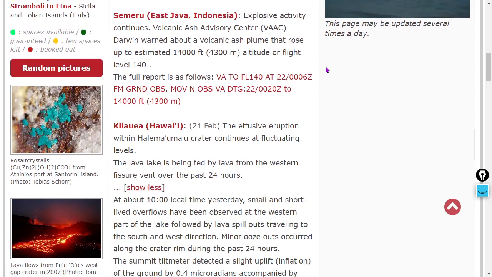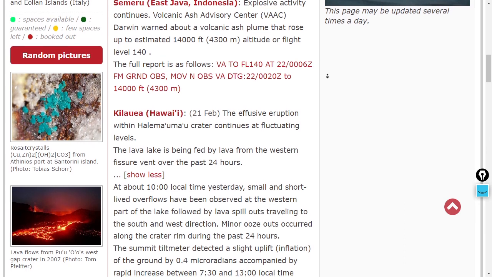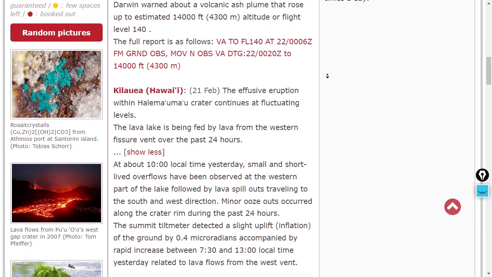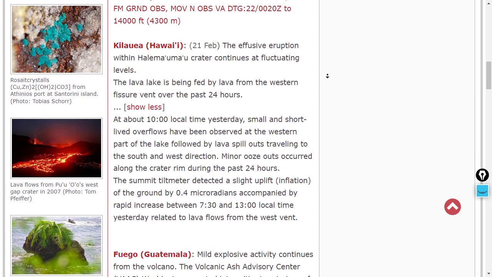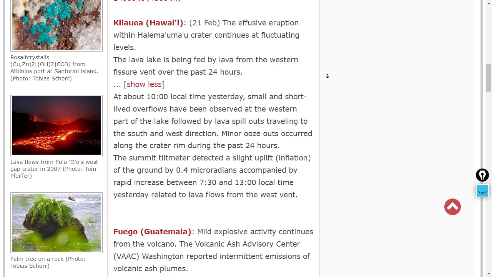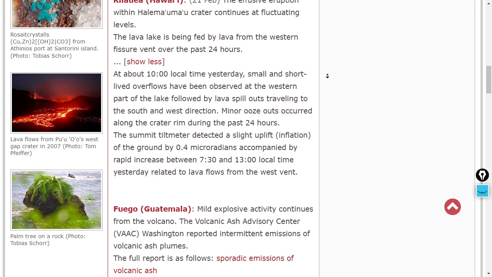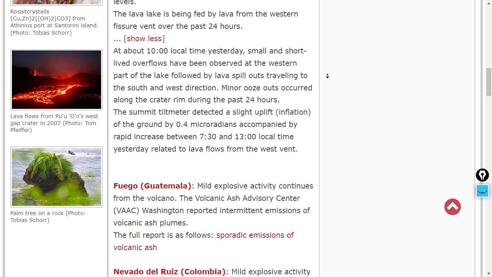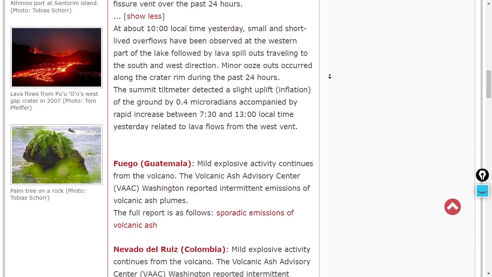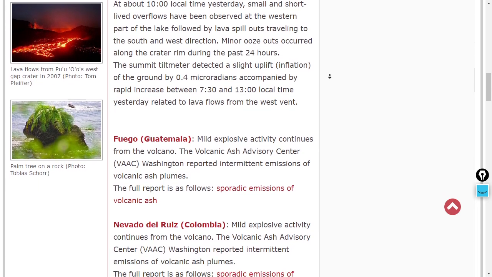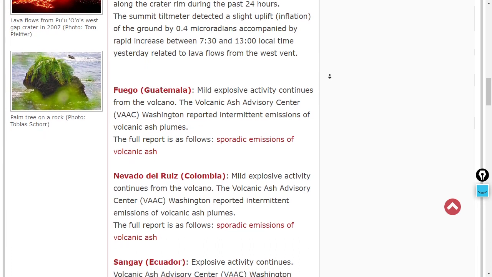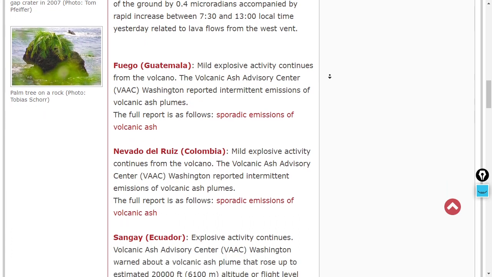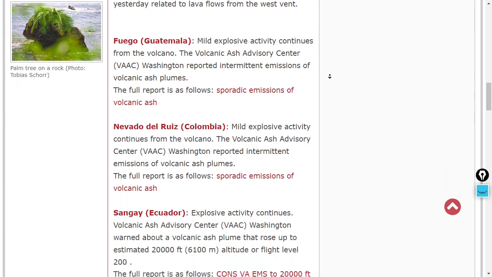Kilauea now showing up on the list, with more effusive eruption. It's creating more real estate, folks. The lava lake is being fed from the Western Fissure Vent over the past 24 hours. Minor ooze-outs occurred along the crater. As we showed, Fuego exploding, producing an unknown size volcanic ash plume over Guatemala. Nevado del Ruiz in Colombia, mildly exploding.